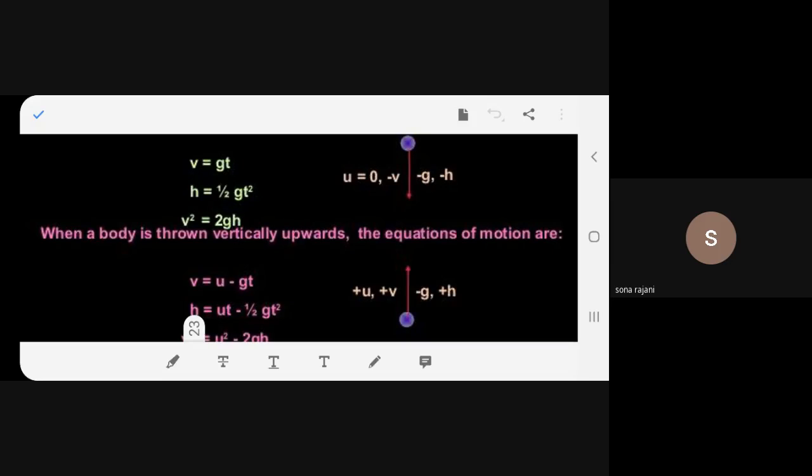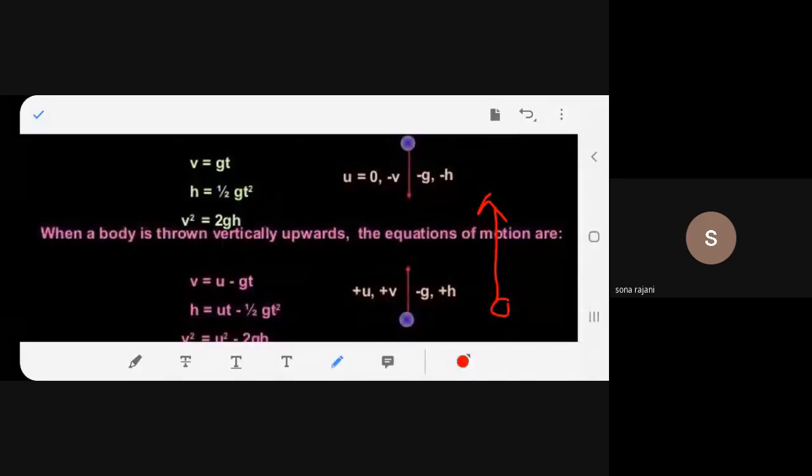Now, in the third case, the body is not coming down, it is thrown up. Understood? So, what will happen? Let's see. We know that V is equal to U plus GT, right?